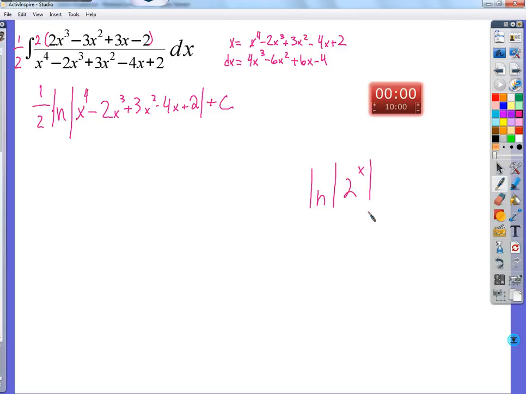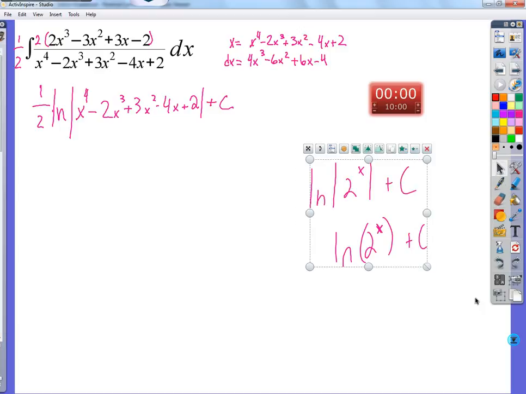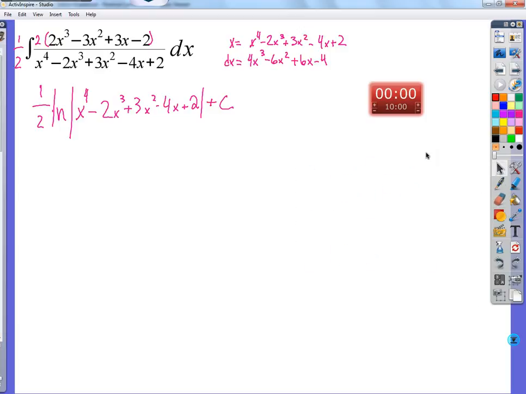Well, 2 to the x is never going to be negative, or even 0, so we don't have to worry about it. But yeah, you could lose points for something like that, and definitely you got to remember the plus c, because you lose points for that.